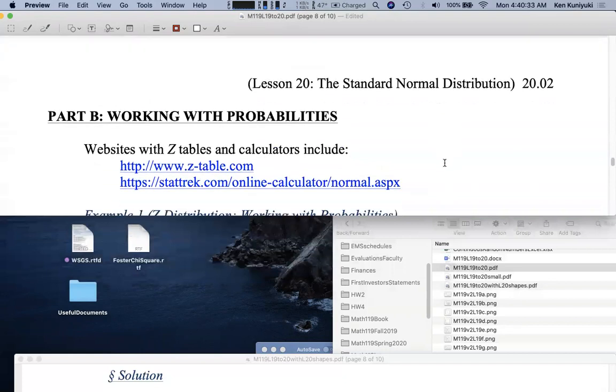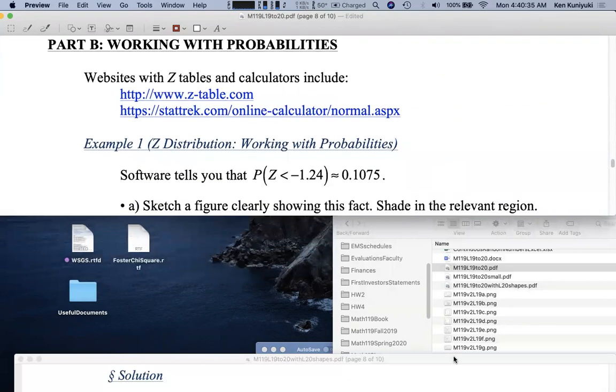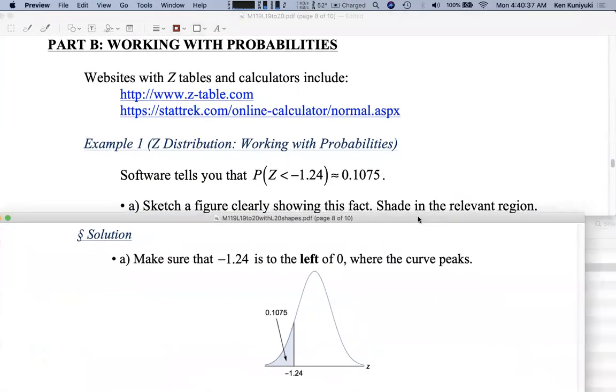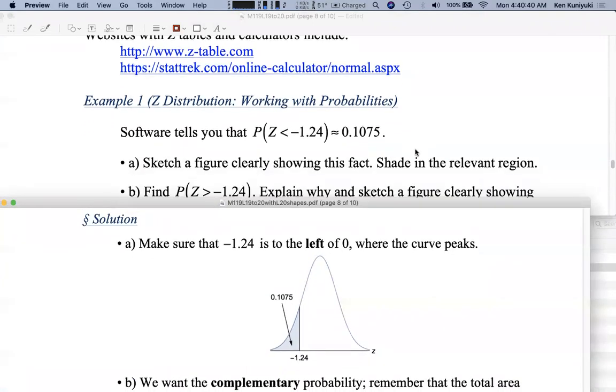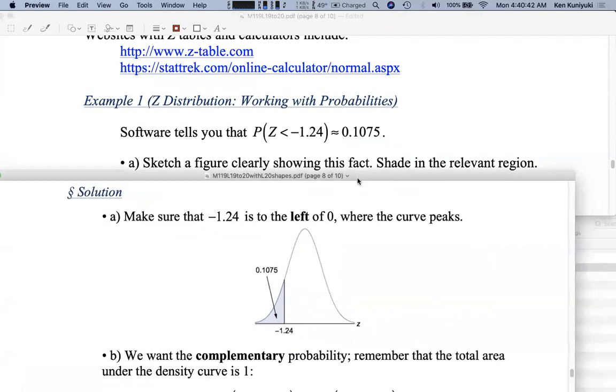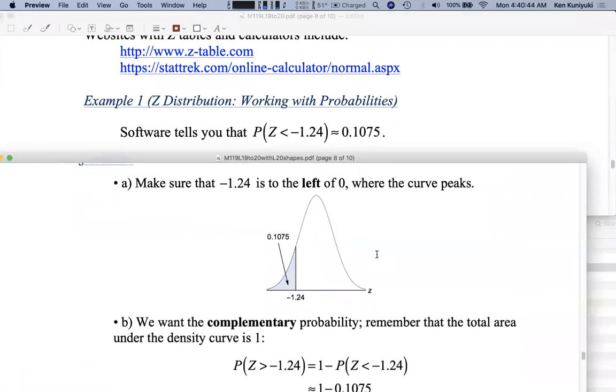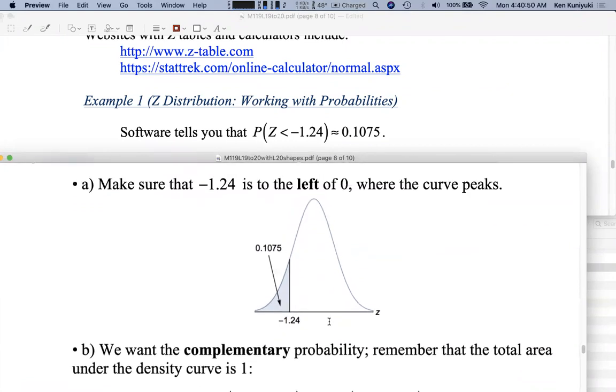First of all, part A, sketch a figure clearly showing this fact and shade in the relevant region. All right, so I do want you to draw these kinds of basic pictures. And here is what I'd want you to do. First of all, make sure that the negative 1.24 on the z-scale is to the left of 0.